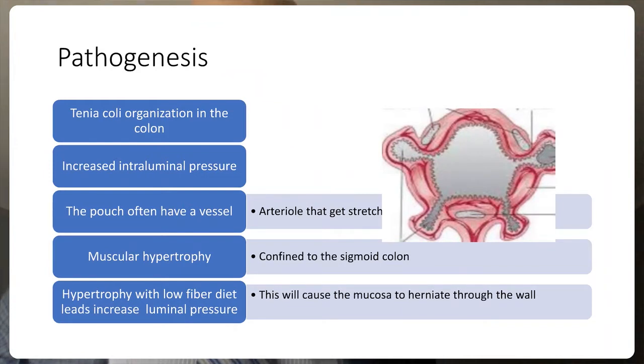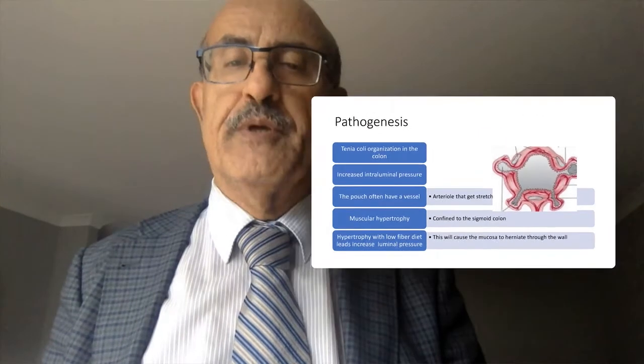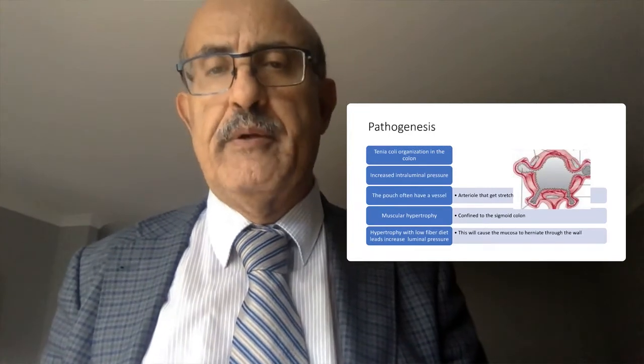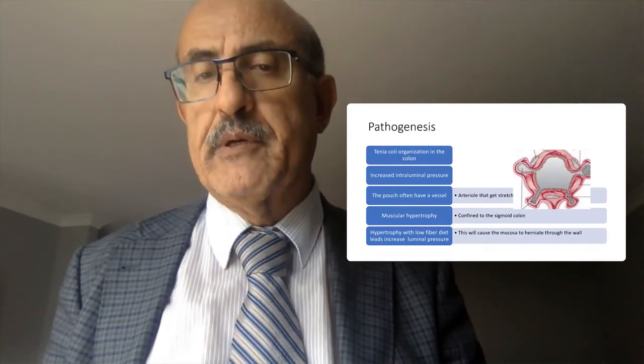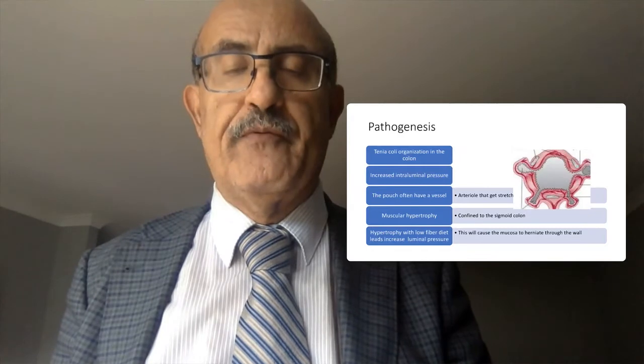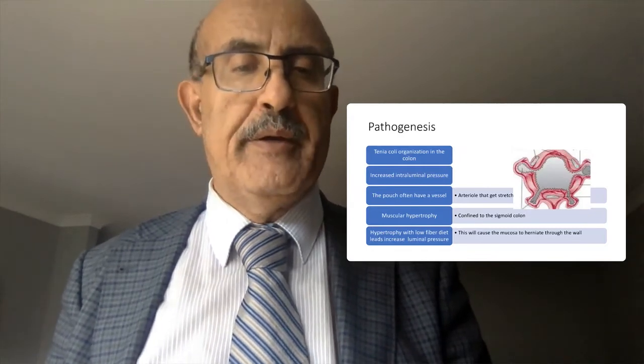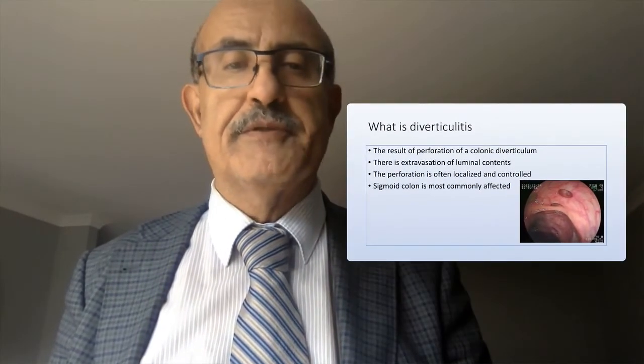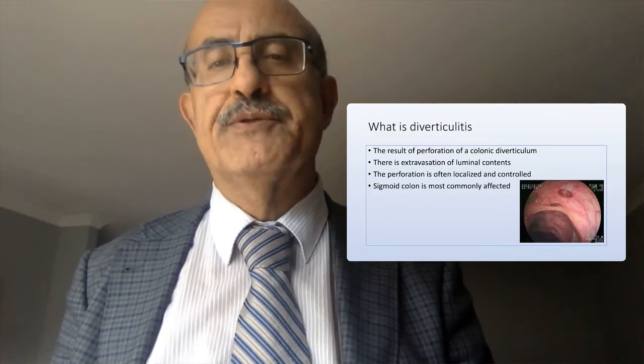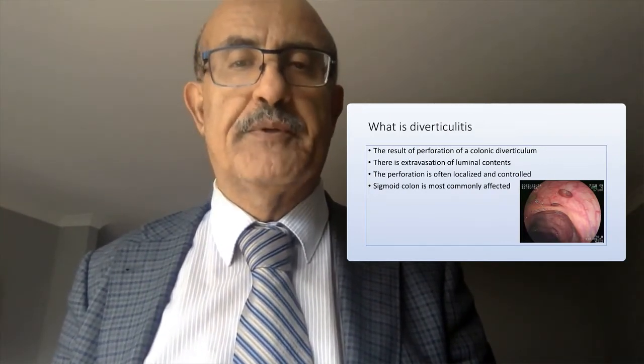And as I mentioned earlier, the muscle hypertrophy is caused by a low fiber diet with the consumption of highly processed food, and that's thought to generate increasing intraluminal pressure that will push the mucosa through the wall to form these pouches or diverticula, where occasionally some of the particles of the fecal matter get stuck inside these pouches, which will lead to diverticulitis.